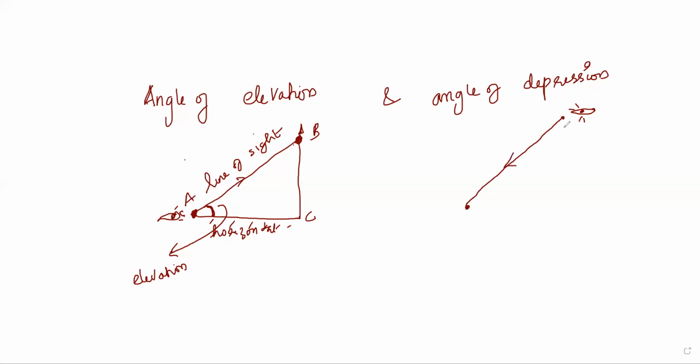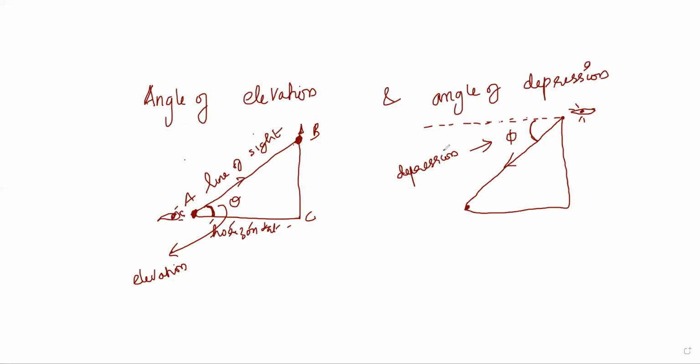Then if we complete a triangle, and draw a horizontal over here where the person is looking, this angle, suppose I call it phi just for a symbol, this angle phi is known as angle of depression. This is angle of depression because the person is looking down.